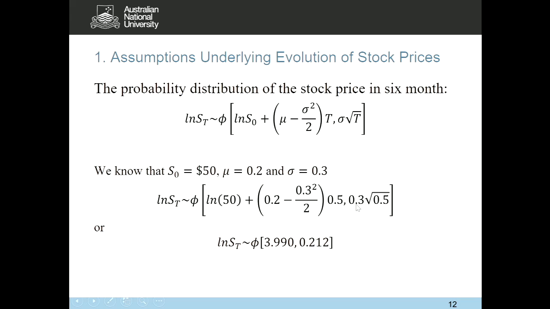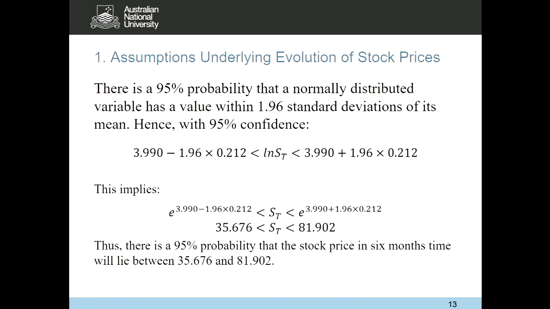So that's simply 30% times square root of 0.5. And then what we get is the log of the share price has a mean of 3.99, and a standard deviation of 0.212.